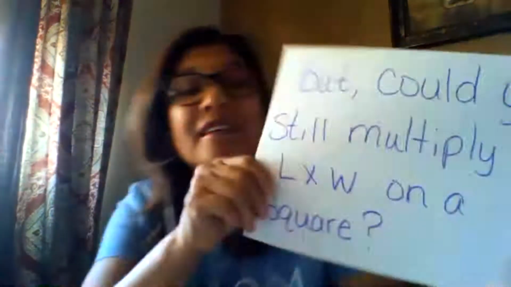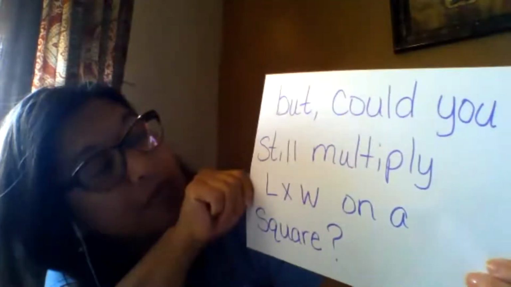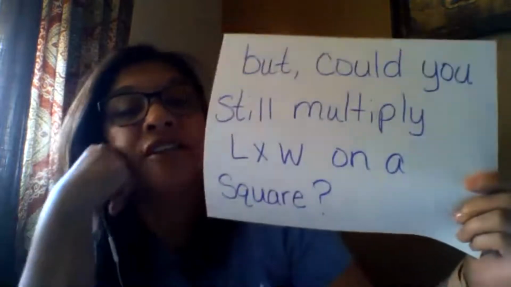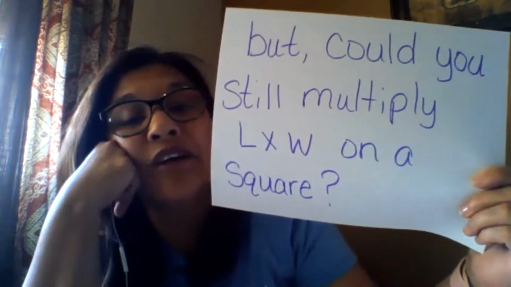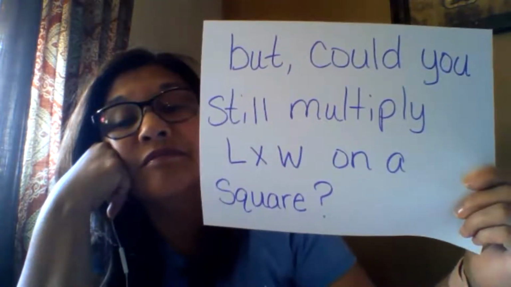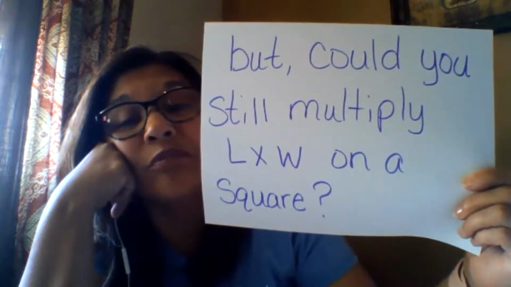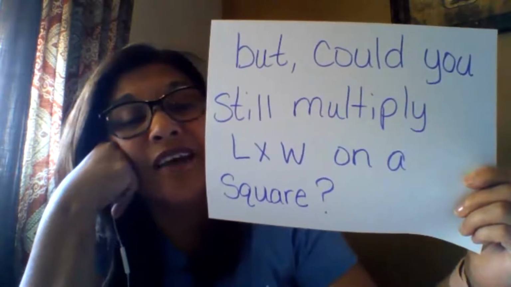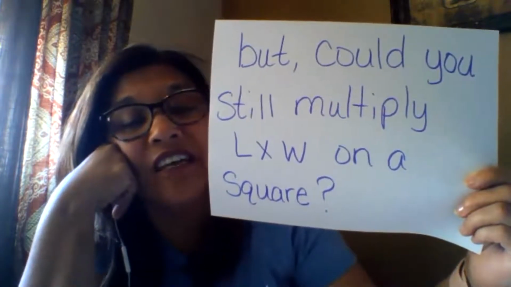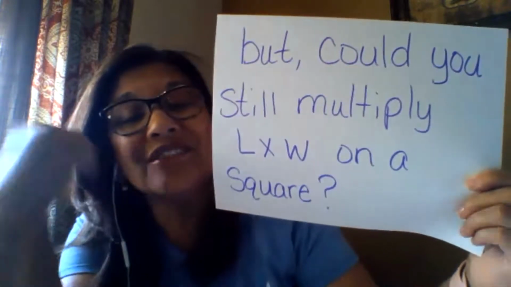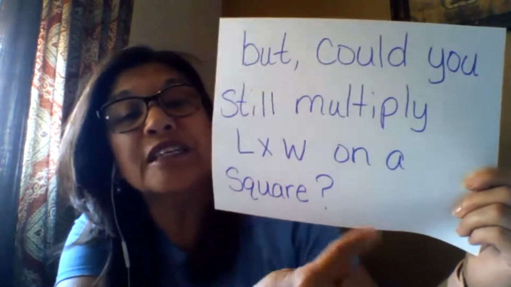Now, could we still multiply side times side on a square? Could we still multiply it like that? Yes, good, Kayleen. I see you shaking your head. And AJ and Layla, Turner, Diver. Yes, you could still say it, because wouldn't it be 3 times 3?